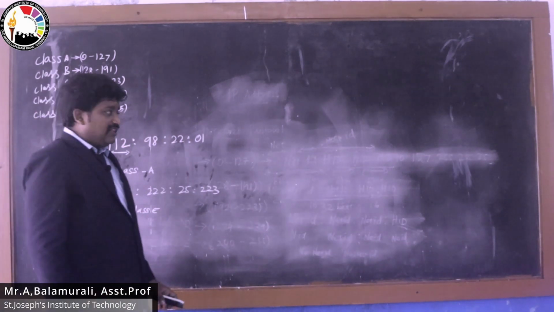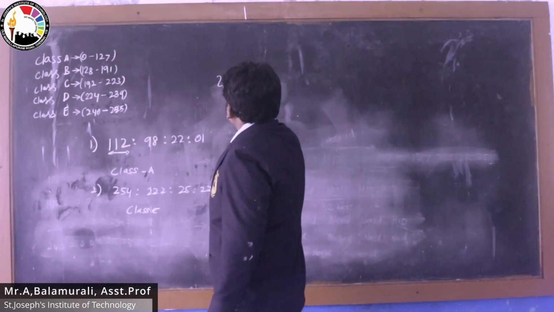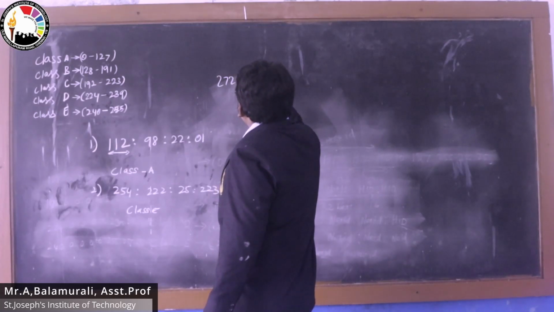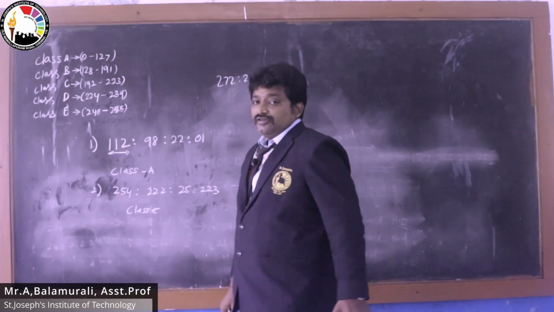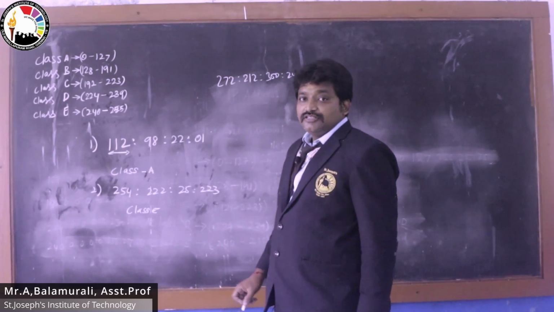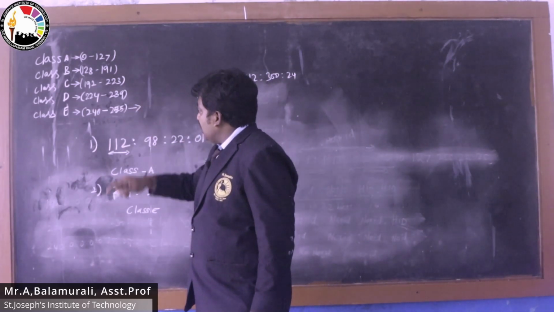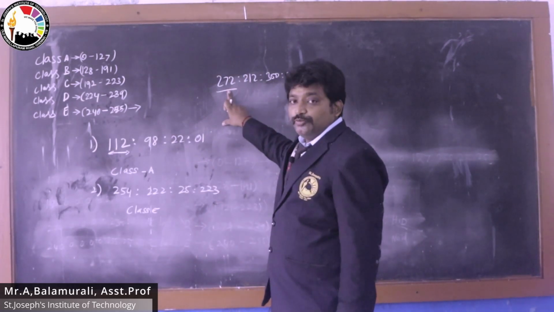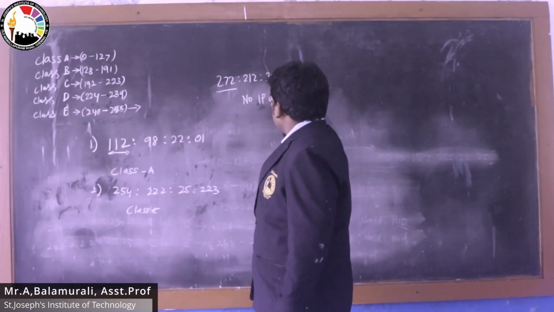Okay, I will give another number, and you tell the class range. 272.212.300.24. What is the class range type? So 272, but we know the class E range goes up to 255 only. 272 means this is not an IP address.